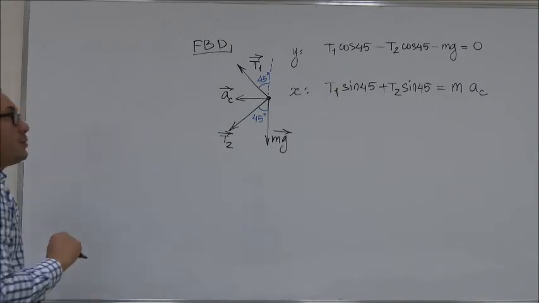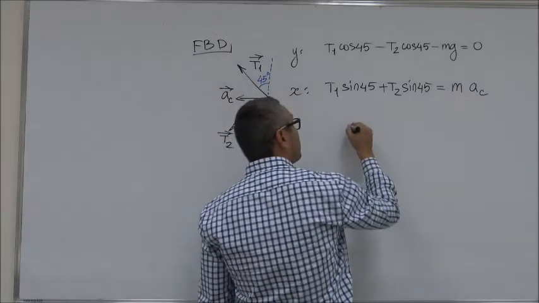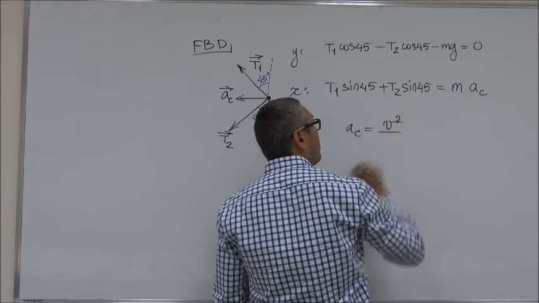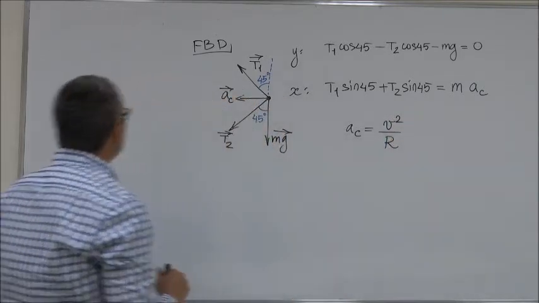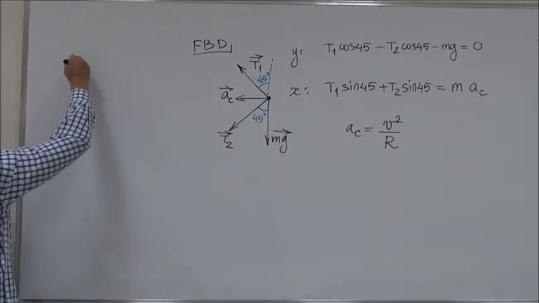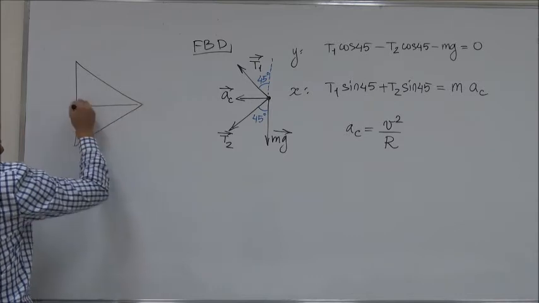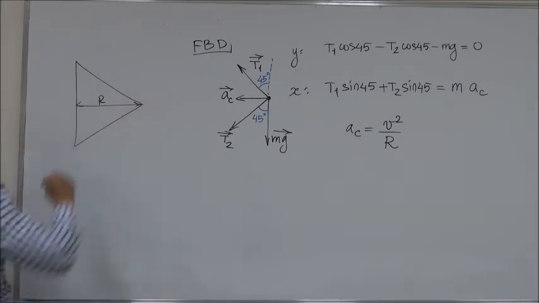We're going to need one more piece of information. Remember that centripetal acceleration AC can be written as v squared over r, where r, and I should draw this picture once again, so r is this distance. Okay? So this is r.